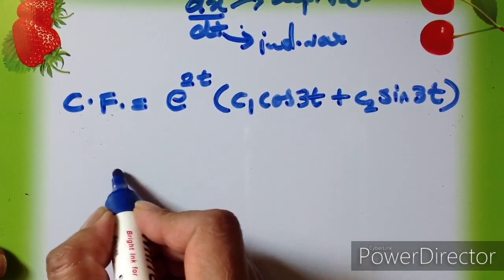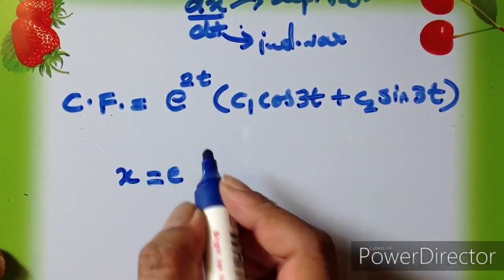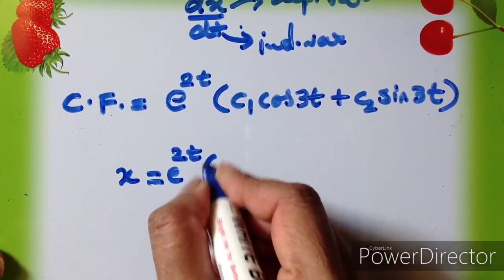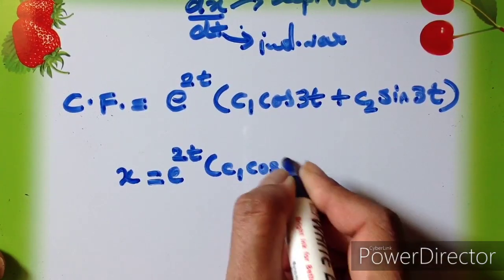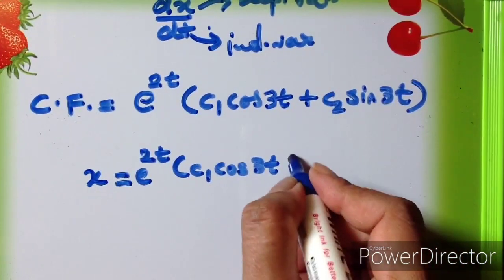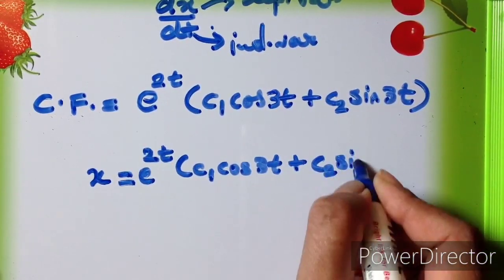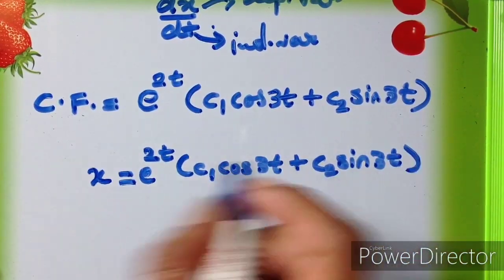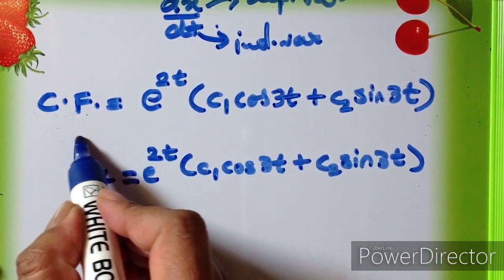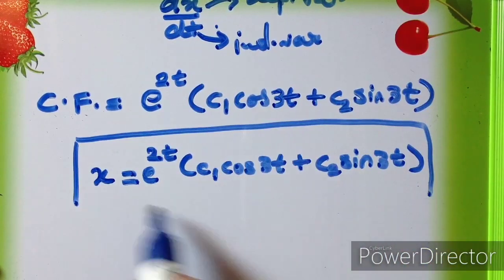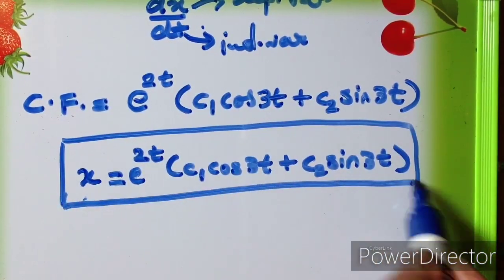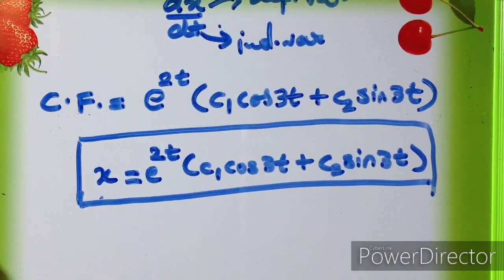The required solution will be x = e^(2t) (c1 cos 3t + c2 sin 3t). This is the required solution of the given differential equation.